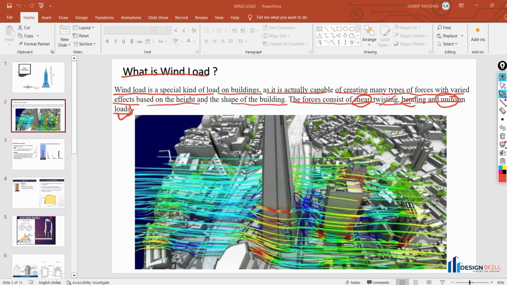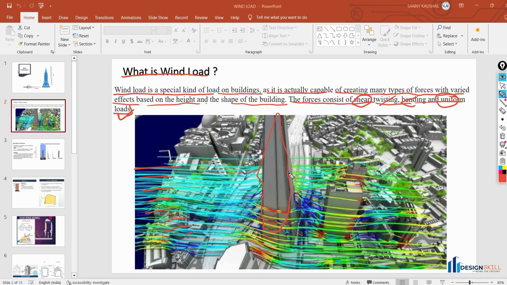Now in the picture you can see that the wind load is applied to this particular building, and it is creating forces, and these forces are based upon the height of the building and the shape of the building, and consist of shear, twisting, bending, and uniform loads.